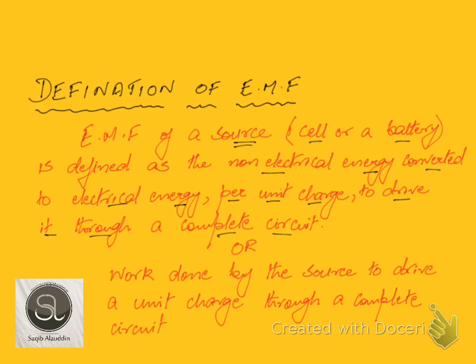Or you can say it's the work done by the source, source meaning a battery or a cell, to drive a unit charge through a complete circuit. Learn the definitions. The examiner may ask you to write these definitions, so you can write either of them. Both mean the same thing.